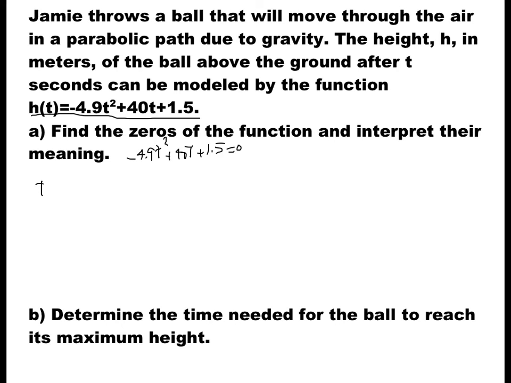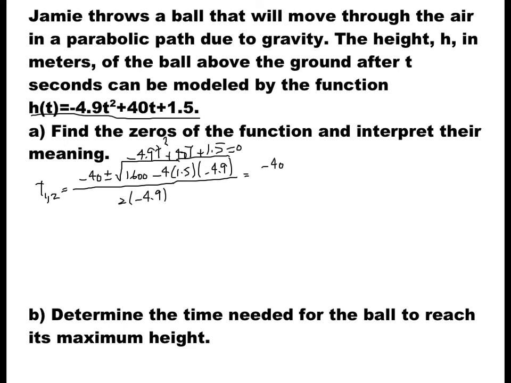Then t1 and t2, the x-intercepts, are negative b, negative 40, plus or minus the square root of b squared. 40 squared is 1600, minus 4ac, so it's minus 4 times 1.5 times negative 4.9, divided by 2a, which is 2 times negative 4.9.